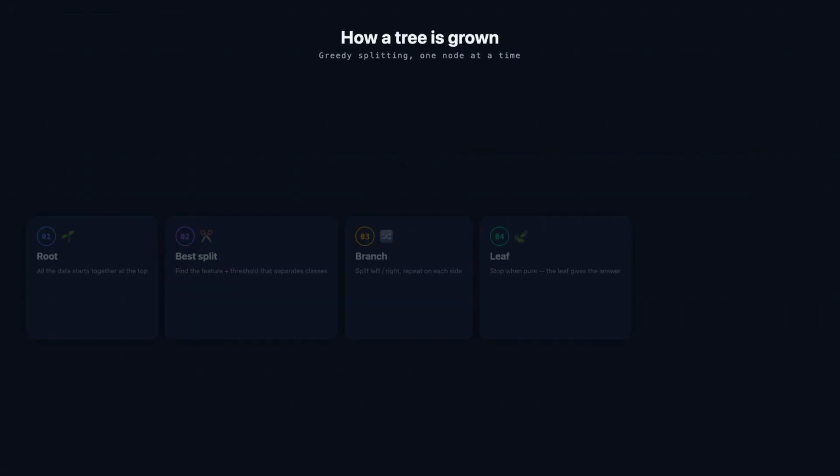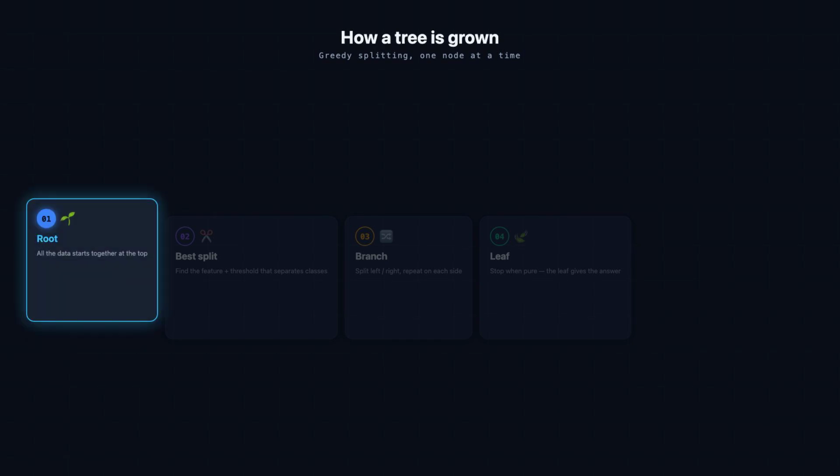Here's the thing about a tree. It is grown, not written. Training builds it greedily, one split at a time, and the loop is easy to follow. Start with all of your training data sitting together at the root of the tree. Nothing is separated yet. So this top node is just the whole messy mix of every class you're trying to tell apart.